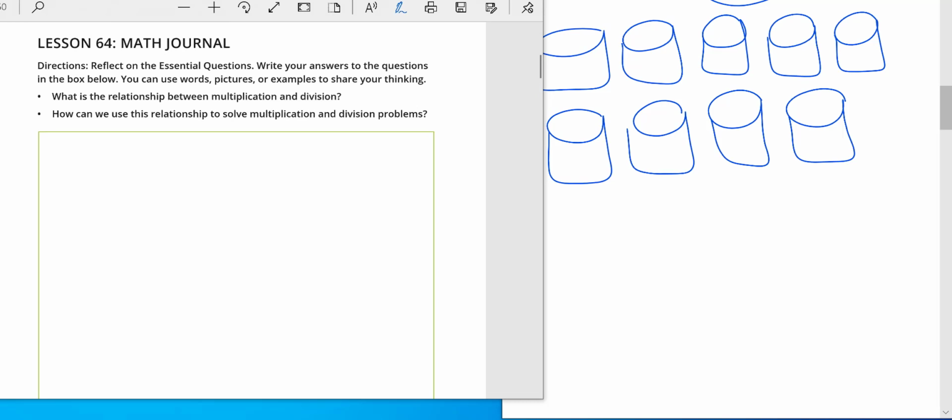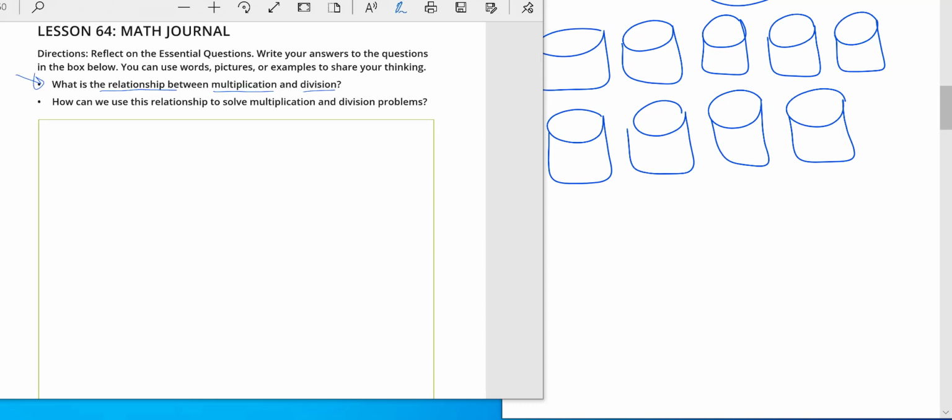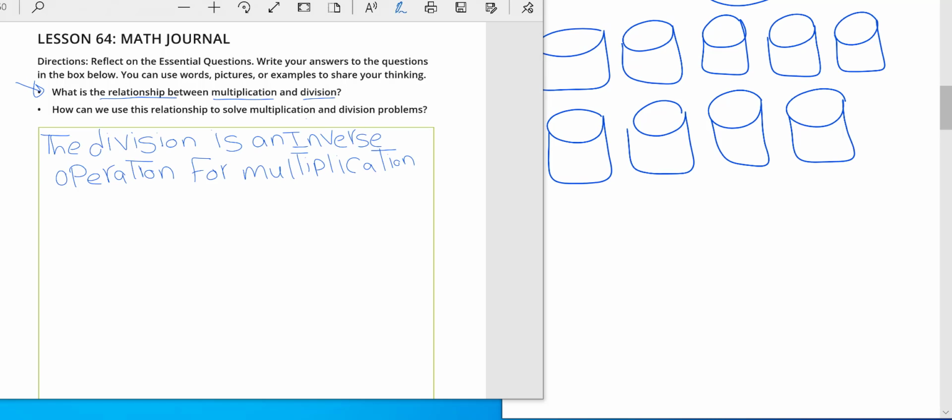Now go to book page 17, Math Journal. Reflect on the essential question. The question is, what is the relation between multiplication and division? We can see that multiplication is the inverse operation of division, and division is the inverse operation for multiplication.